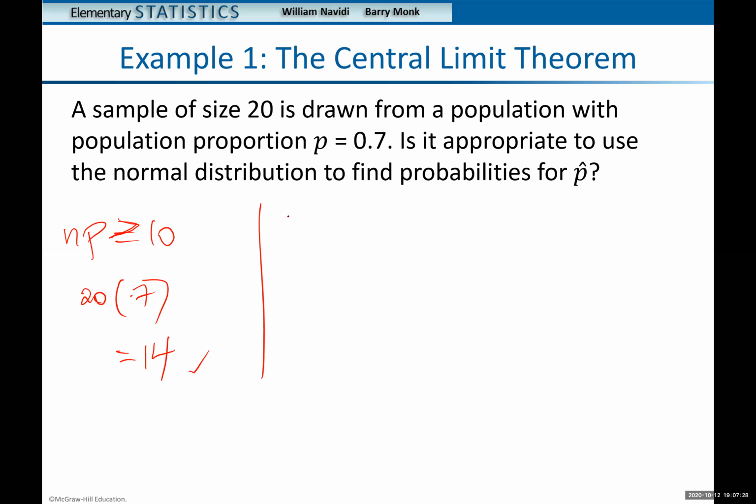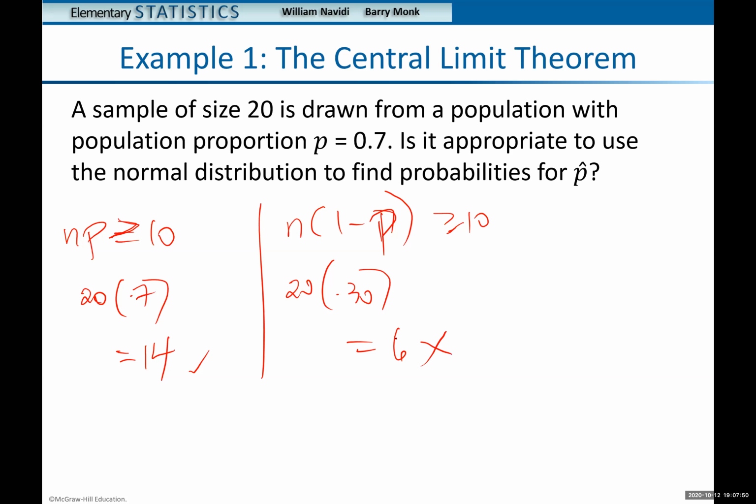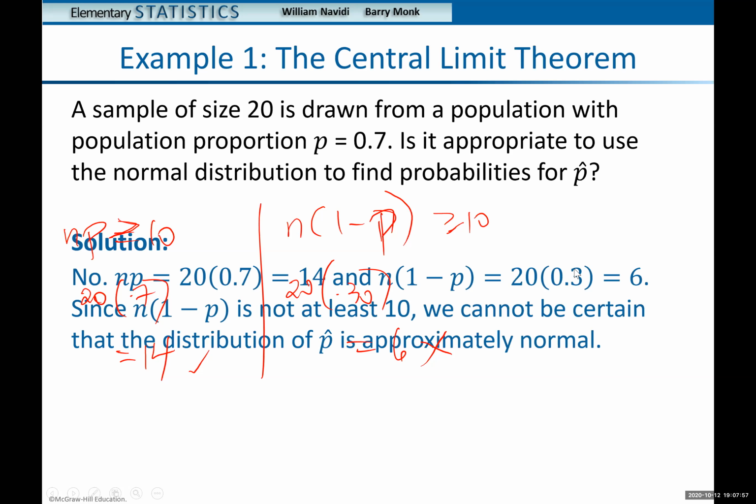How about n times 1 minus p? Again, it should be at least 10. 1 minus 0.7 is 0.30, and 20 times 0.30 is 6. This is not at least 10, so the answer is no.